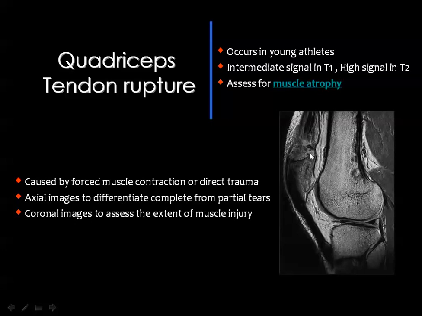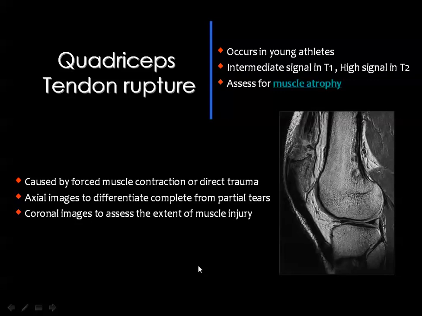The rupture of the tendon will interrupt the low signal parenchyma of the tendon itself, with the presence of fluid signal intensity at the site of the tear. Axial images are important to differentiate complete from partial tears, while the tendon tear is usually evaluated in the sagittal image, as you can see here.